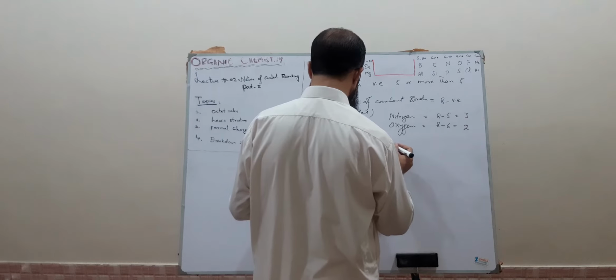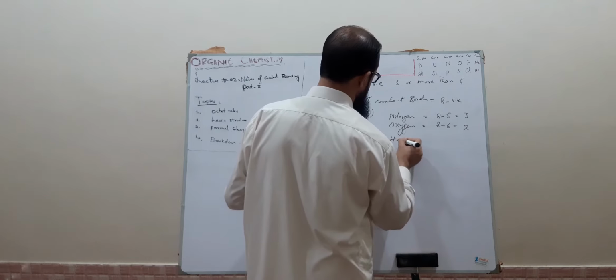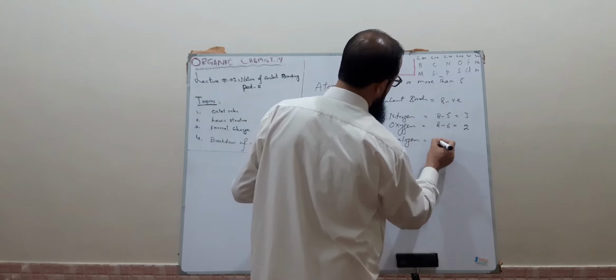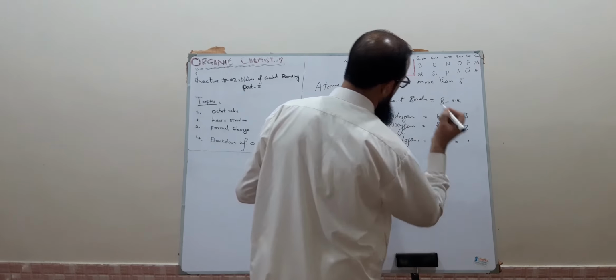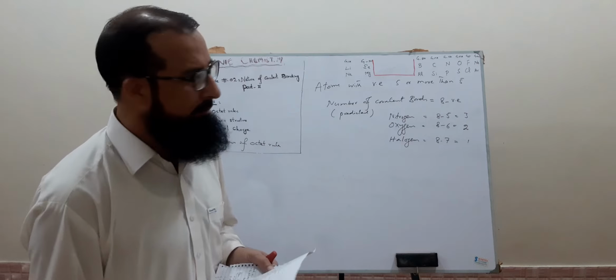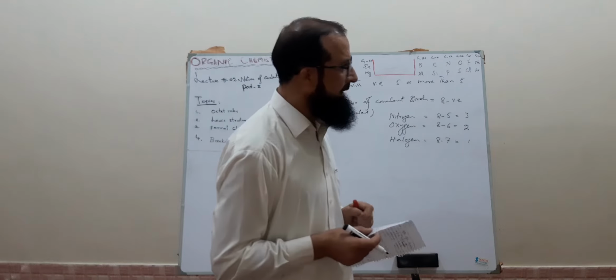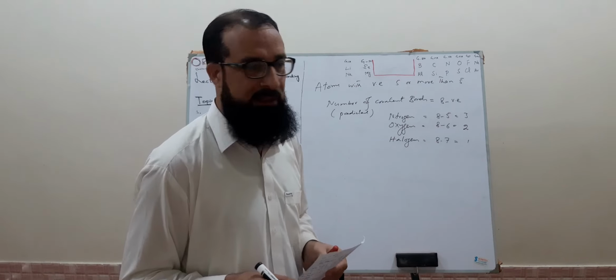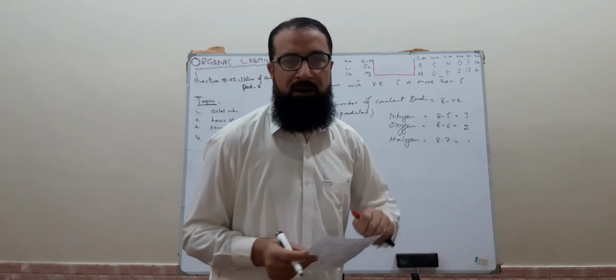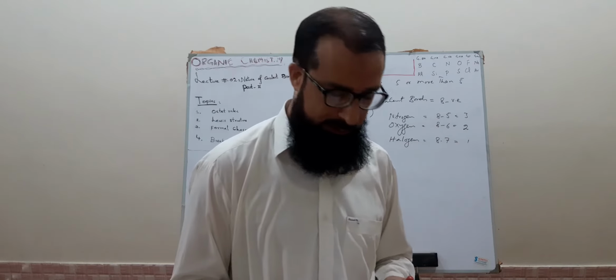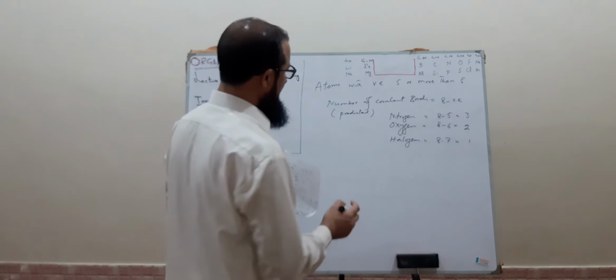Similarly, for halogens, 8 minus 7 means they can form only 1 covalent bond. As I already told you, fluorine, although it contains 7 electrons in its valence shell, can only form 1 covalent bond.